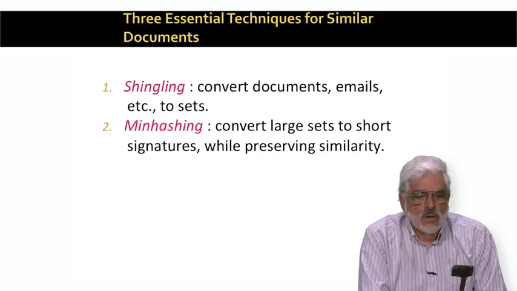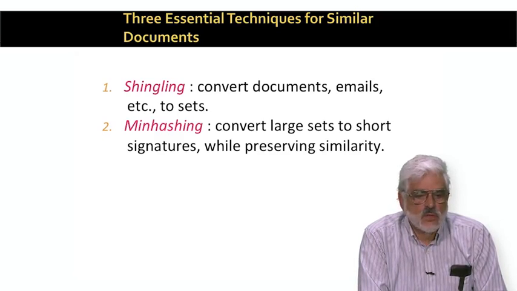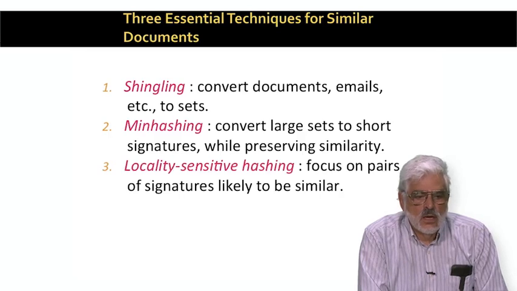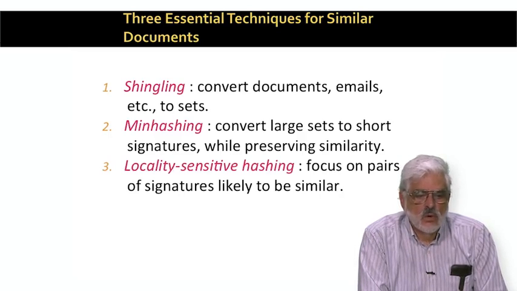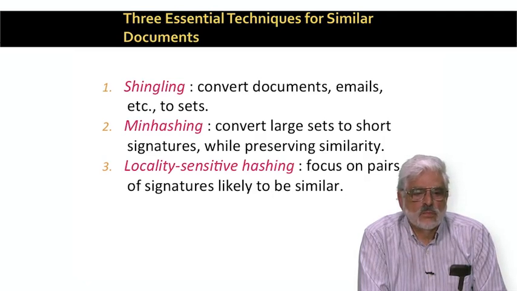The important property is that we can look at the signatures of two sets and tell approximately how similar the sets are that we obtained by the shingling process. And last but not least, we'll learn the technique called locality-sensitive hashing, or LSH, that lets us avoid looking at most of the pairs of signatures that do not represent similar sets.